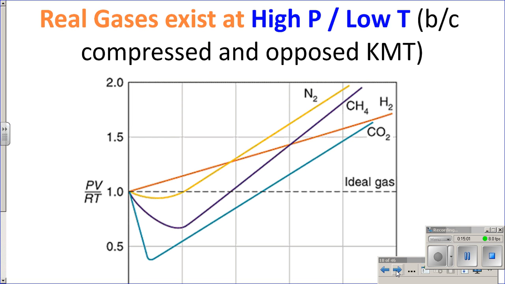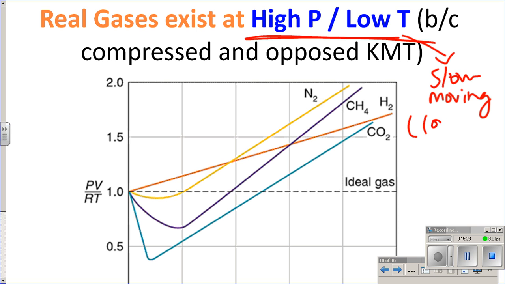No. So these two conditions are very, very important because those are the conditions in which real gases start acting like ideal gases. Real gases that really exist in the world start acting ideally when they are compressed under high pressure or when they're moving slow under low temperature.